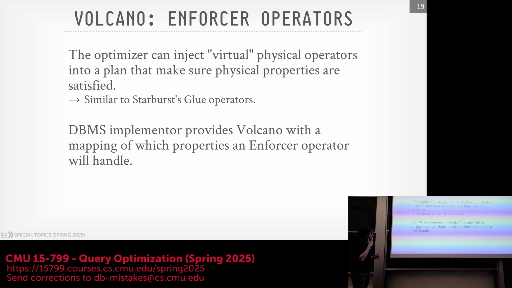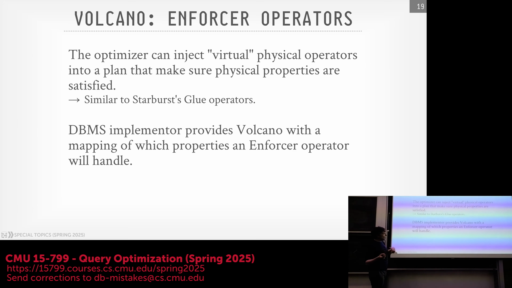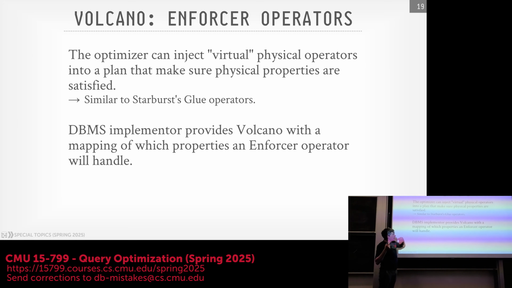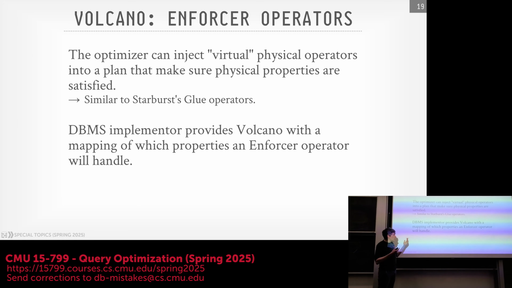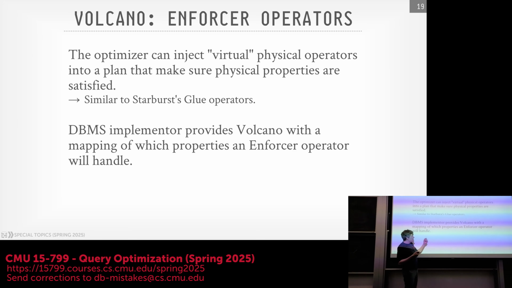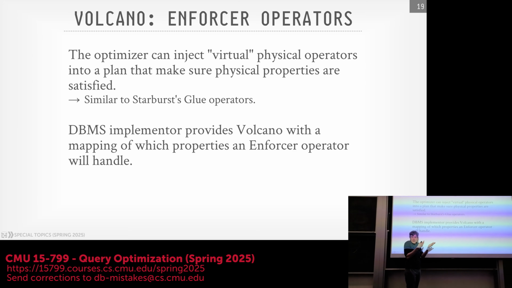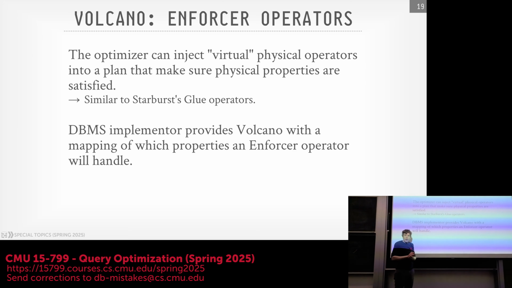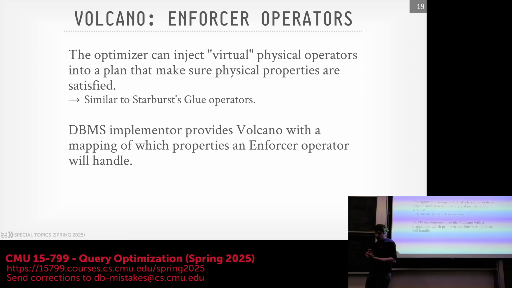And so if you're integrating Volcano with your database system, you have to provide what your enforcers are and the properties that they're going to handle. I think if you just say I need an enforcer that can guarantee these properties, they'll then synthesize that code for you. The enforcer is not really doing anything. It's not taking any data. It's just there as a stand-in to say I need data to look in this form.